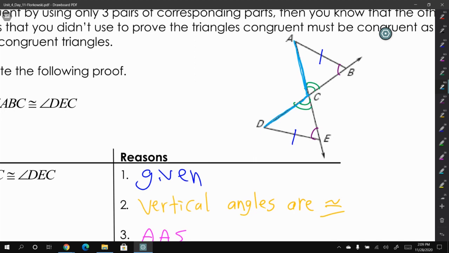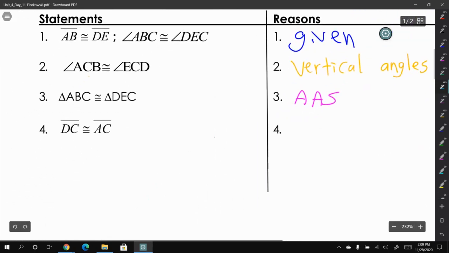Remember back to the beginning of the unit when we were writing out congruent statements and we were able to match up the congruent parts of the congruent triangles. So if you look at the congruent statement, you can see DC is the first and last letter in the right triangle, and AC is the first and last letter in the left triangle.